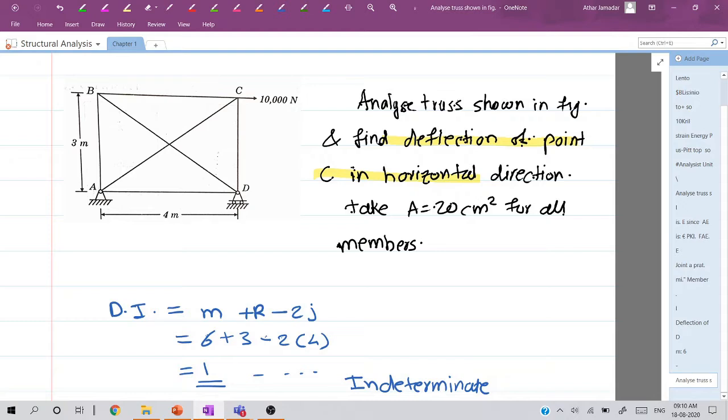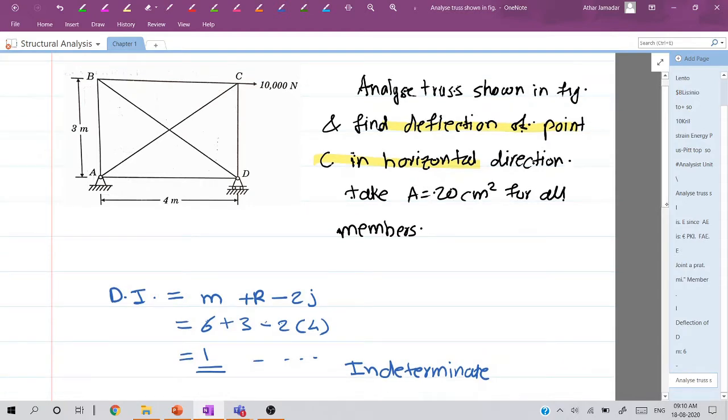After that we apply a unit load in the horizontal direction at point C, and then by using the formula deflection is equal to summation of PKL divided by AE, we can find the deflection at point C. But there is some difference between the analysis of determinate truss and indeterminate truss. So first we are going to see how to analyze this indeterminate truss, and then the second part, finding the deflection at point C.